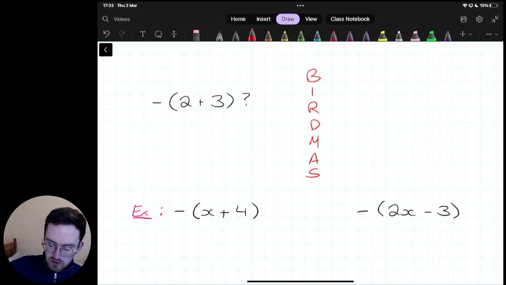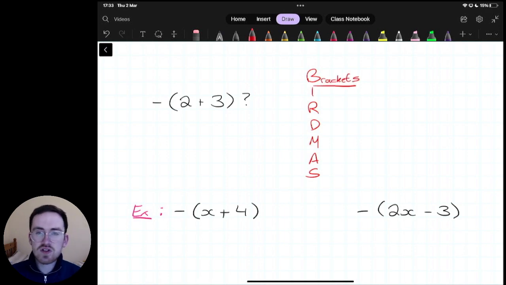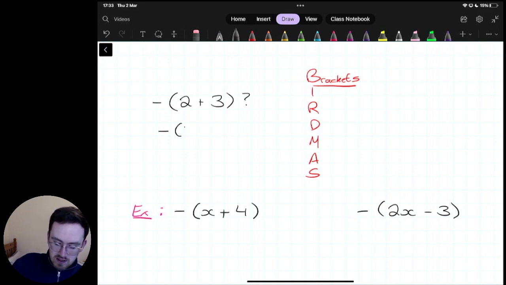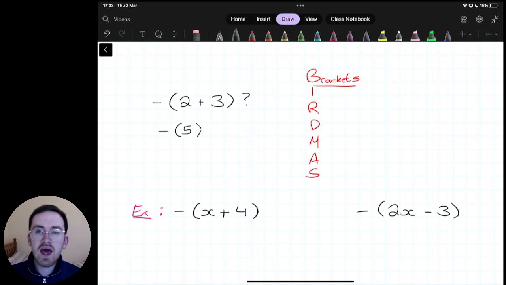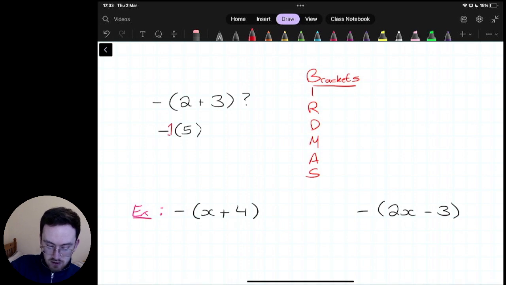The very first thing we do is brackets. If there's a sum in the brackets, we do that first. So that's going to give me minus 5. And we should hopefully remember from when we did our integers, that if we have a minus in front of a bracket with no number written there, we can nearly imagine that there's a 1 there.